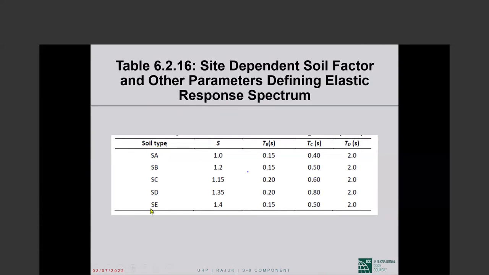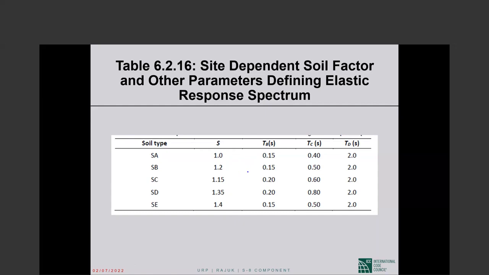So for the soil types 1, 2, 3, 4, 5 you have the S factors given, which are essentially the short period site coefficients, and you have the milestone transition points given.